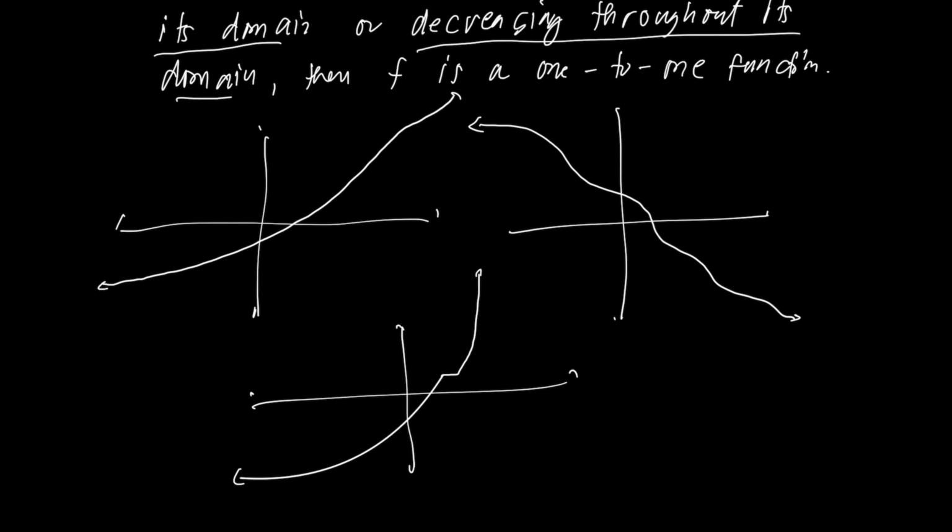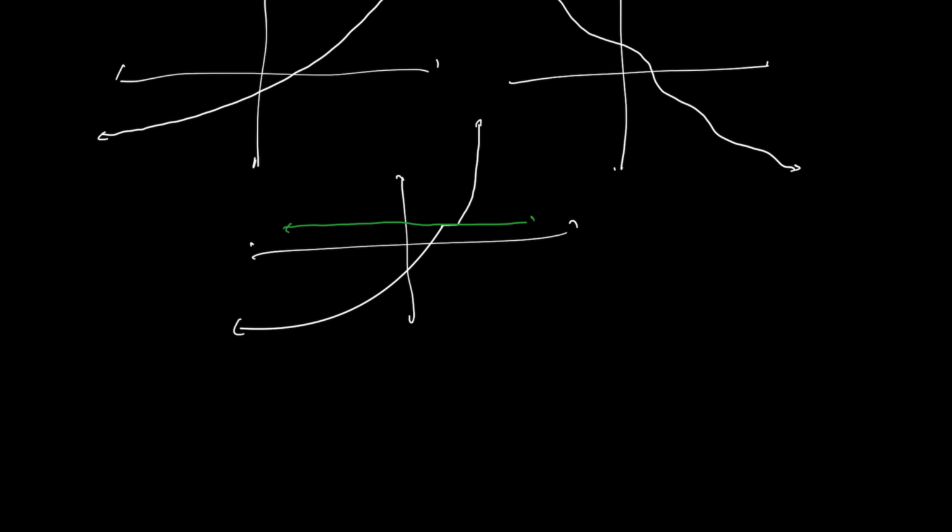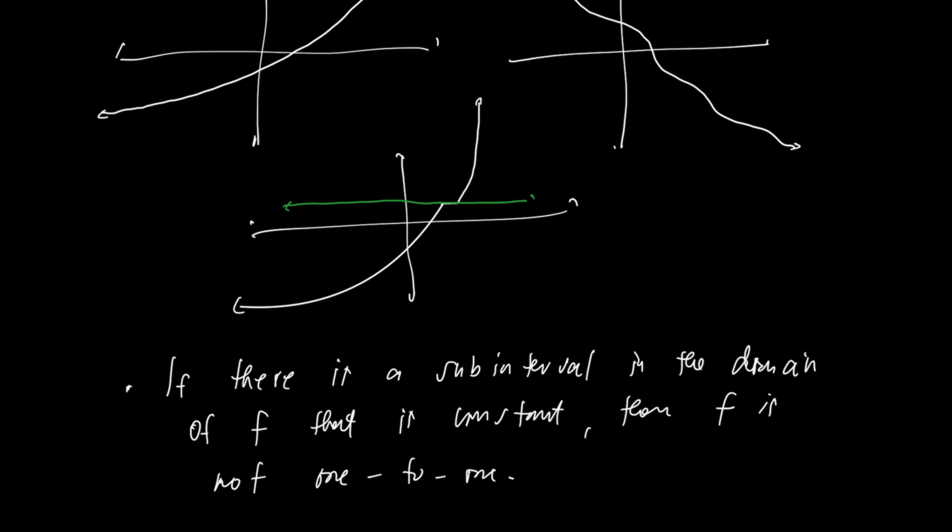In this case, if we apply the horizontal line test, it touches at infinitely many points, so this is not a one-to-one function. Second note, if there is a subinterval in the domain of f that is constant, then f is not one-to-one. In this example, there is a subinterval in the domain that makes it constant, and it makes it not a one-to-one function.